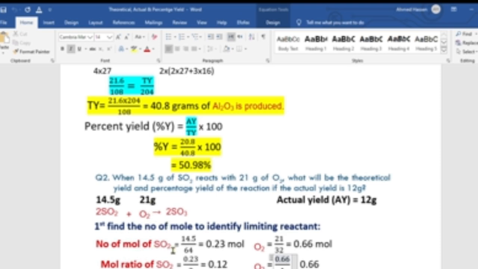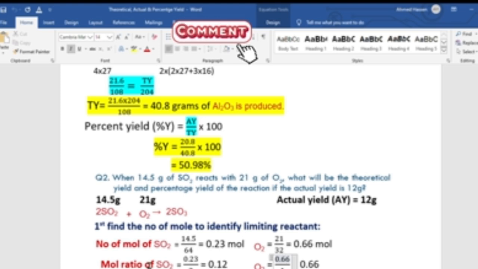Number of moles of sulfur dioxide is equal to 14.5 divided by the molar mass of sulfur dioxide, that means 32 plus 32, 64, which is equal to 0.23 mole of sulfur dioxide. And that of oxygen is the mass 21 divided by 32 molar mass, which is equal to 0.66.